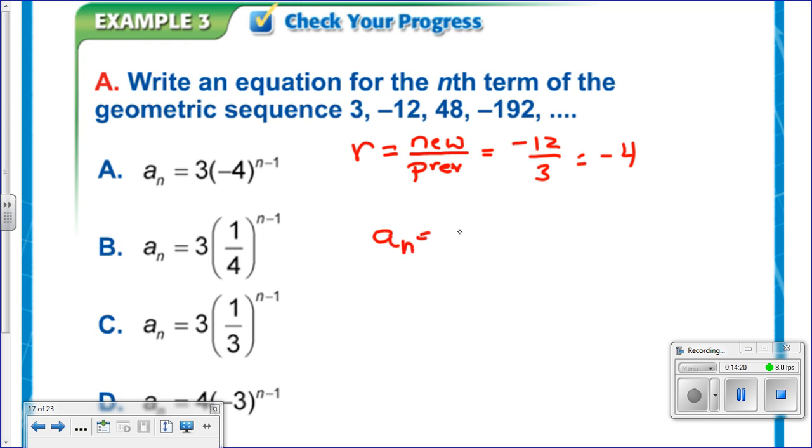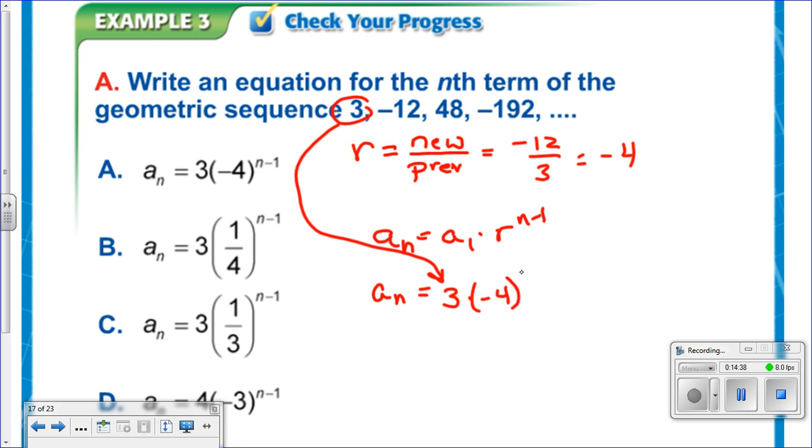So a sub n is going to be your first term times your ratio to the n minus 1 power. So let's plug everything in. So a sub n is equal to your first term, that's your 3, times your ratio, actually it's a negative, so we've got (-4) to the n minus 1 power. Clearly, that's choice A.